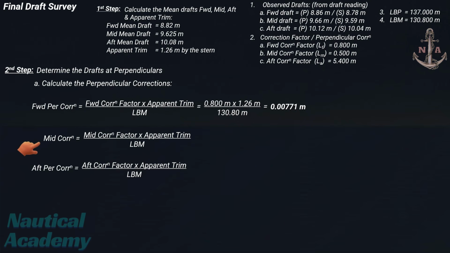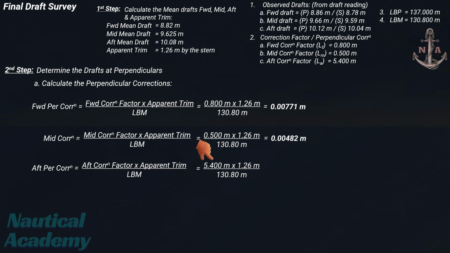The same formula is applied for the midships and aft corrections, only the correction factor changes. For midships, the correction factor is 0.50 meters, giving a midships correction of 0.00482 meters. For the aft, the correction factor is 5.400 meters, resulting in an aft perpendicular correction of 0.05202 meters.